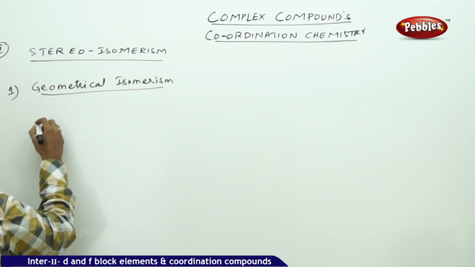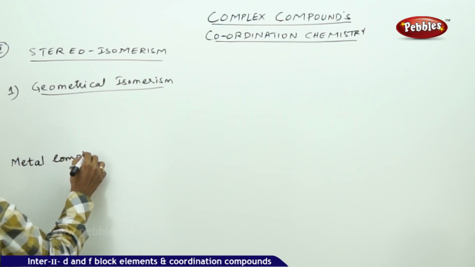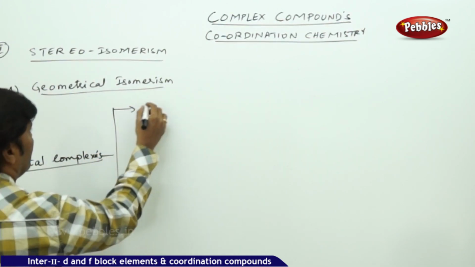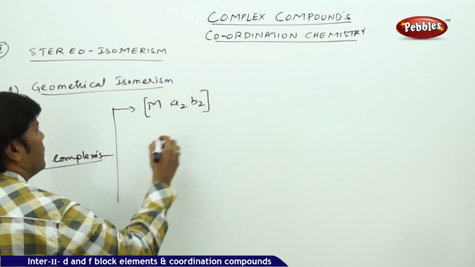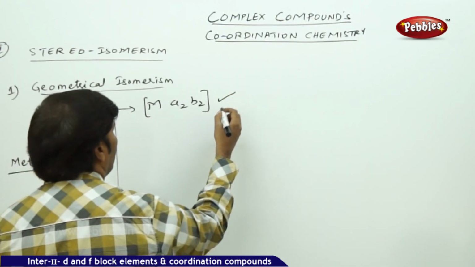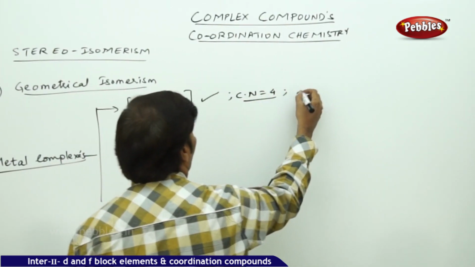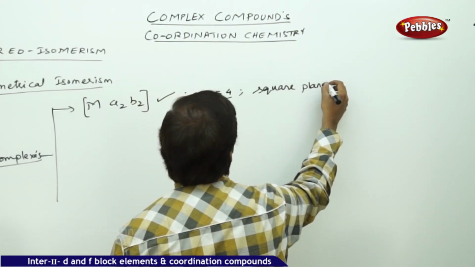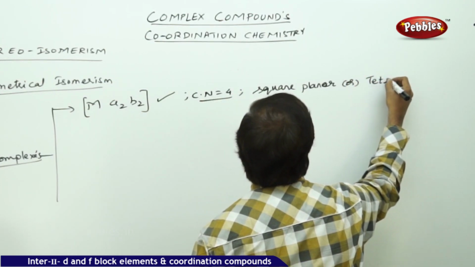If you take metal complexes, if you go for the metal complexes, Ma2B2 complex will give geometrical isomerism, and its coordination number is 4, and it can be square planar or sometimes even tetrahedral.